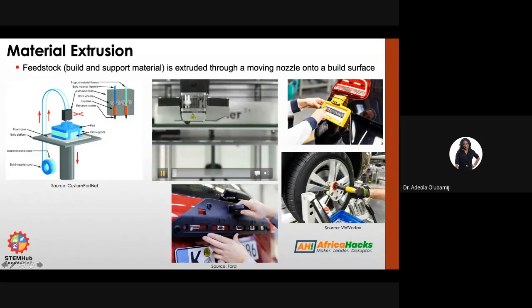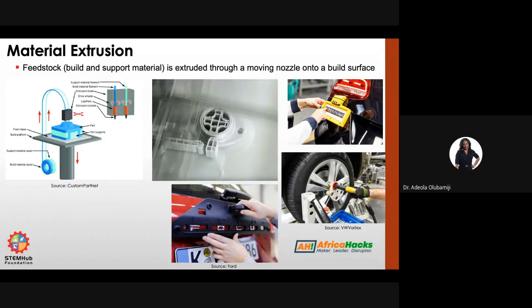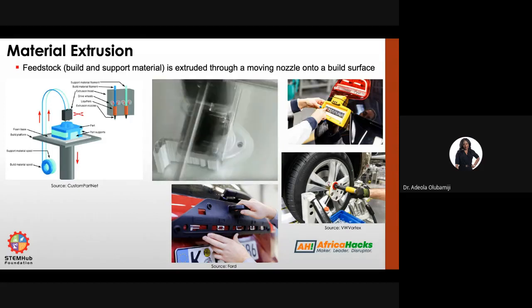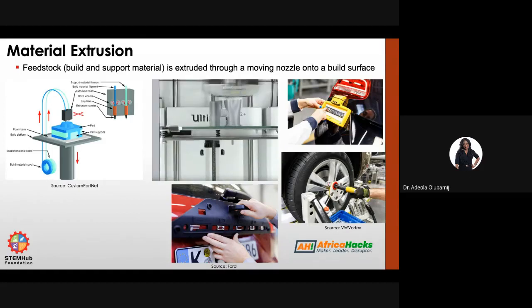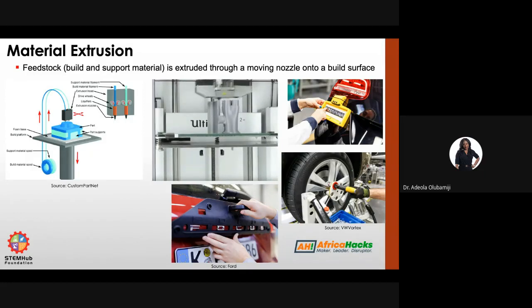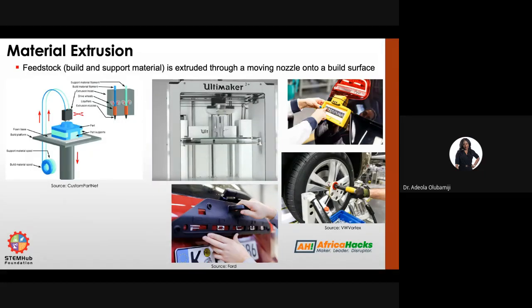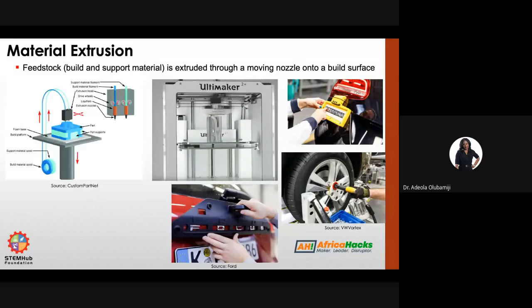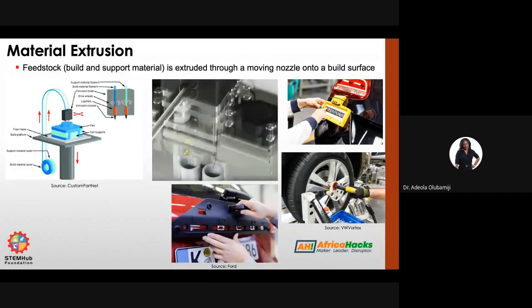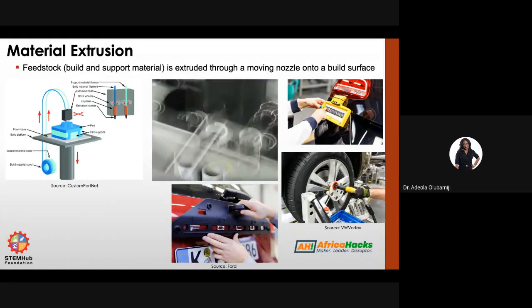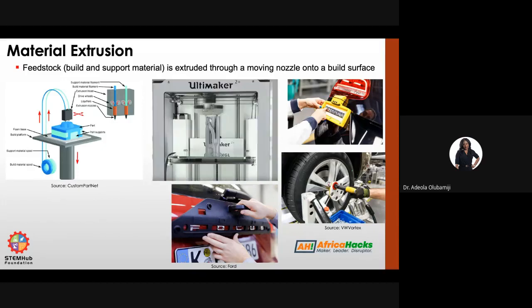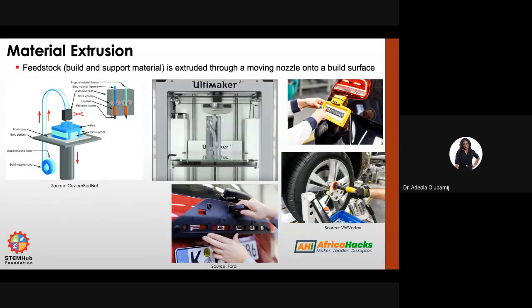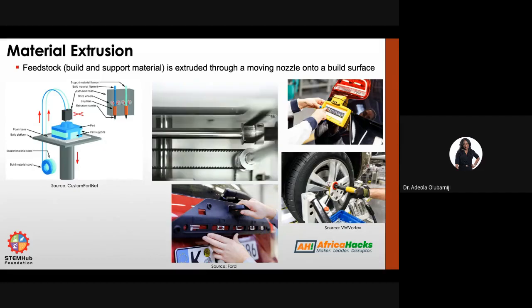So the second technology that is very easy, and this is the most common additive manufacturing technology, is material extrusion. It uses filament. Filament is its feedstock. It feeds the feedstock into the nozzle or the printhead, and then it melts this polymer, and then it extrudes it out.